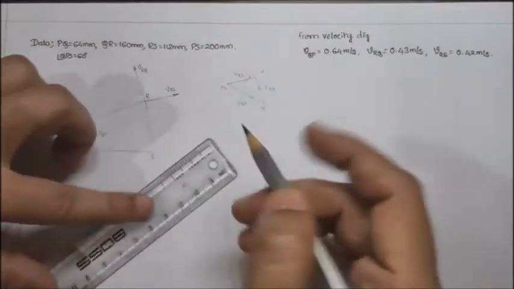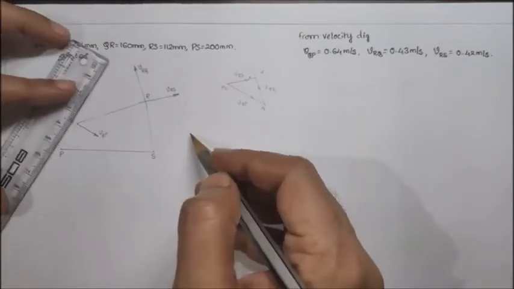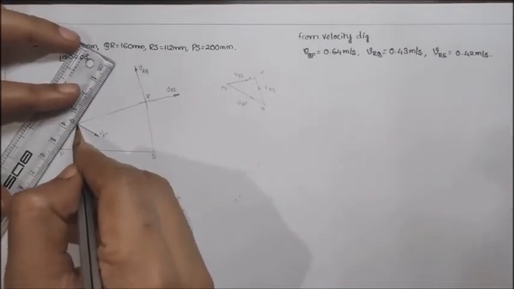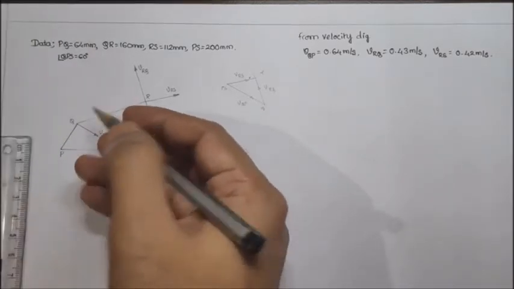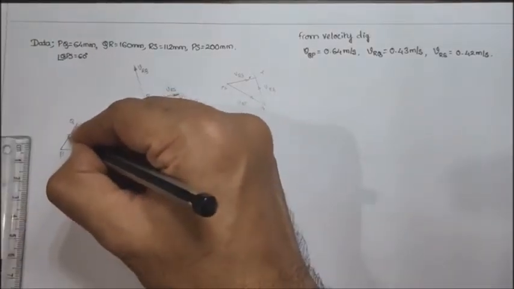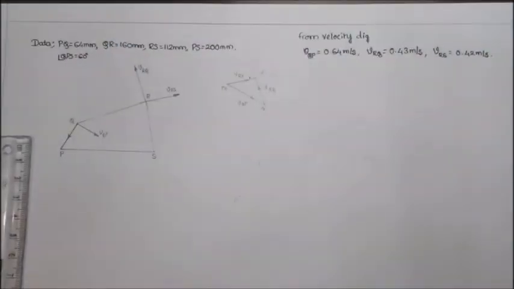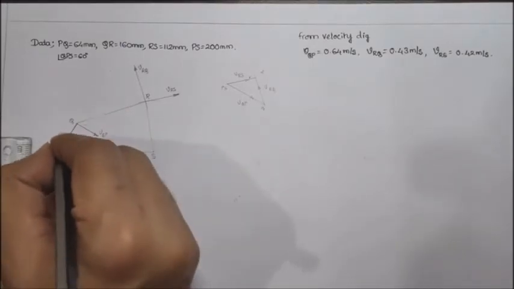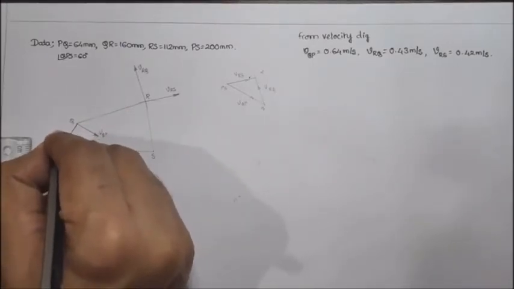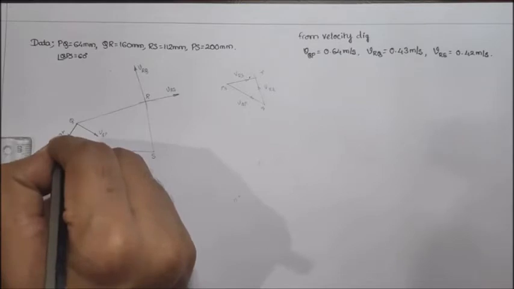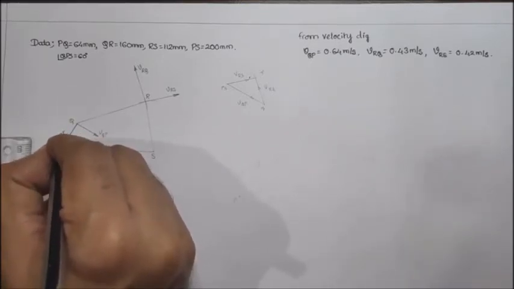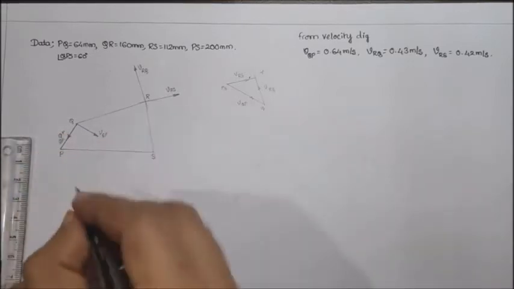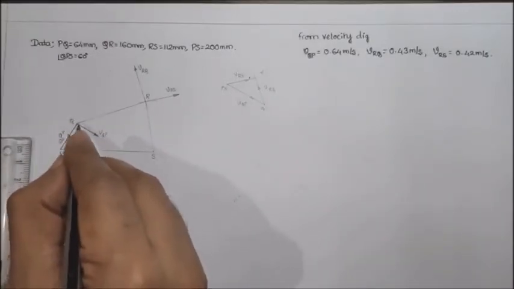So coming to the space diagram, this is our link PQ. On this link PQ there will be one acceleration component acting. So we'll write the acceleration radial component of Q on P. We don't have any tangential component here.